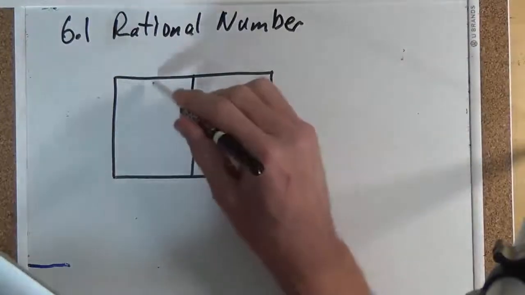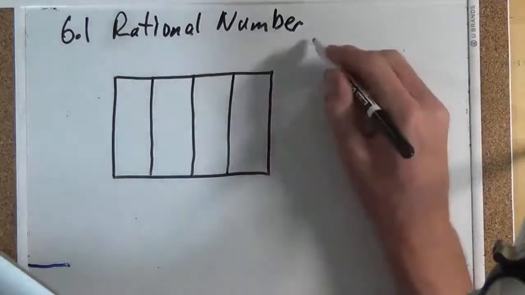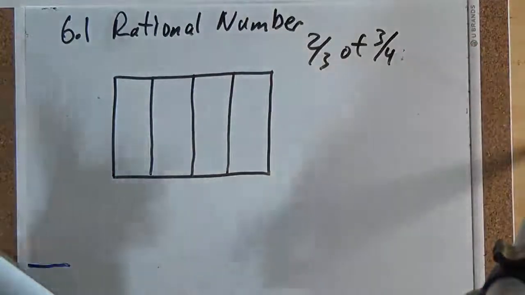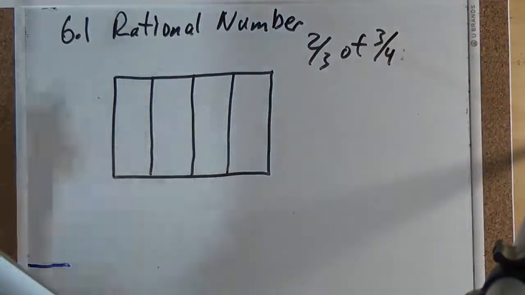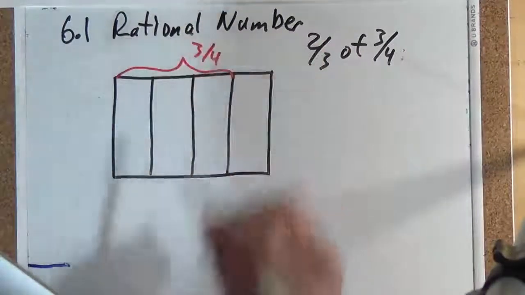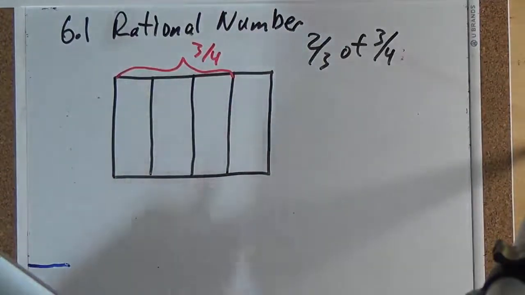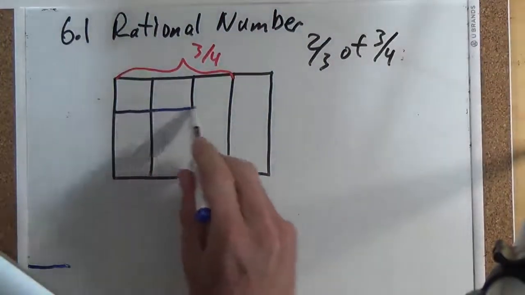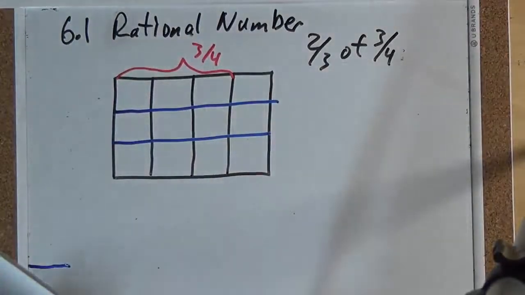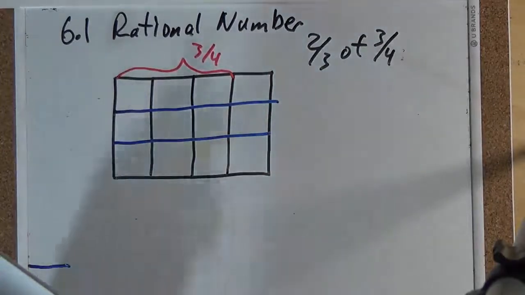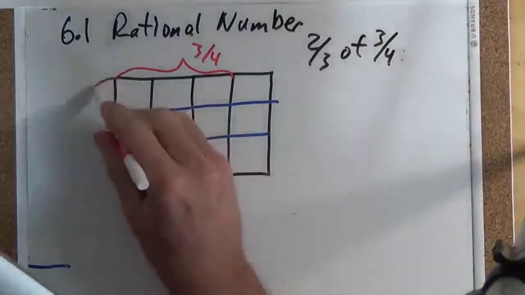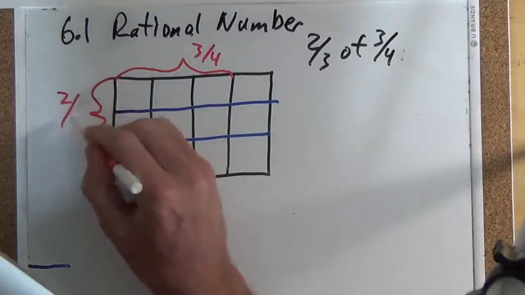But I'm going to divide into quarters, because I want 2/3 of 3/4. So here's my 3/4 I'm going to look at. Now I want 2/3 of that 3/4, so that's why I go over here, and now I partition it into thirds, and notice what I got? I got 12 equal pieces in my whole. Now, here's 2/3.